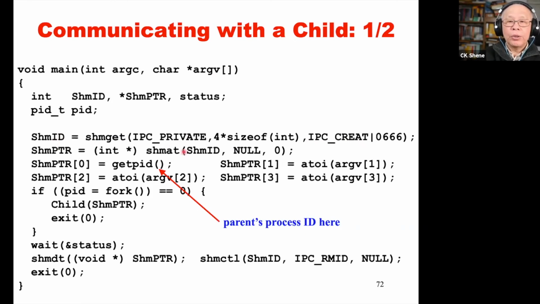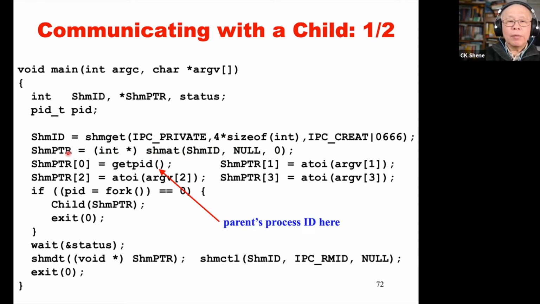Then I could use shared memory ID followed by null and the 0 here to attach this shared memory of integers into my address space. Because this is an integer array, I cast the void pointer to an integer pointer and save it to the shared memory pointer. Don't forget to do error checking.